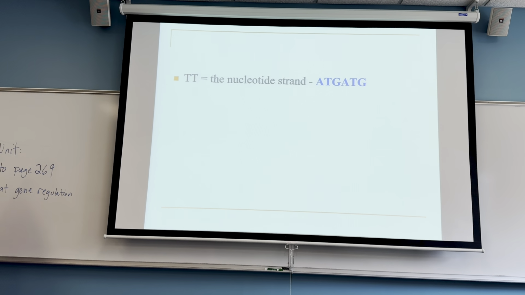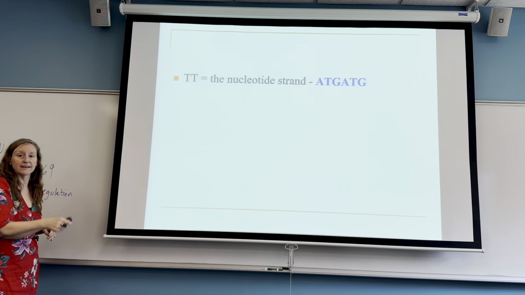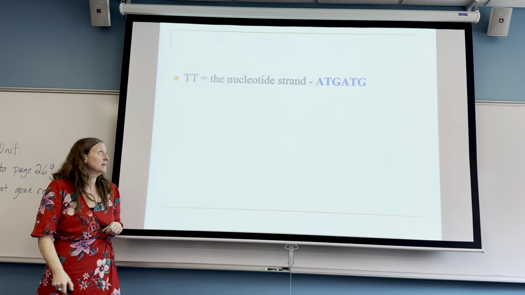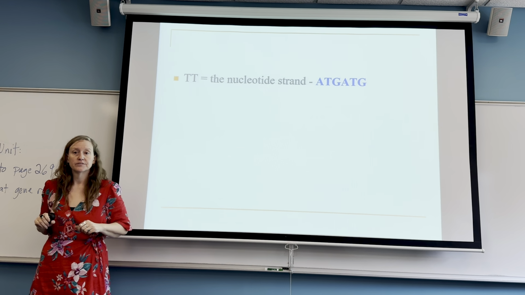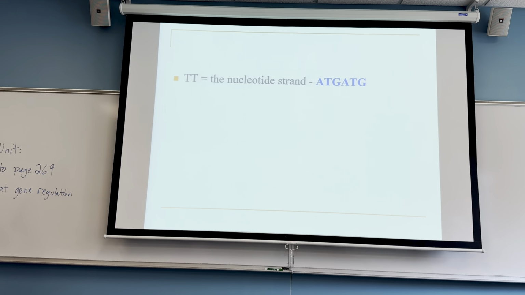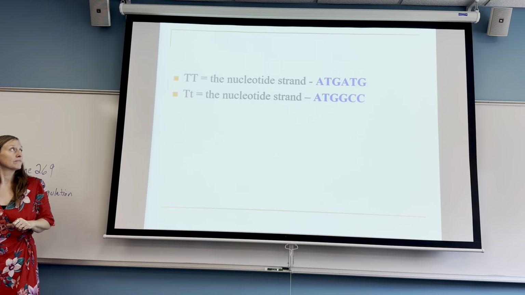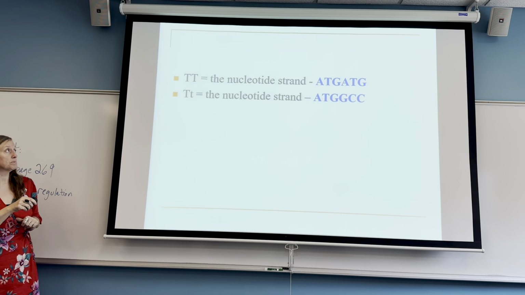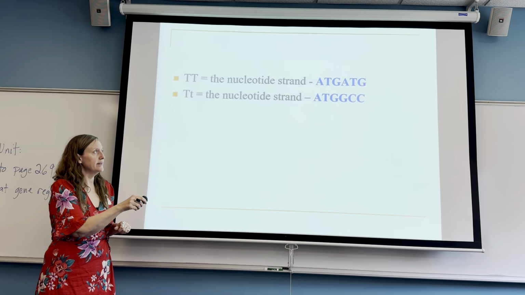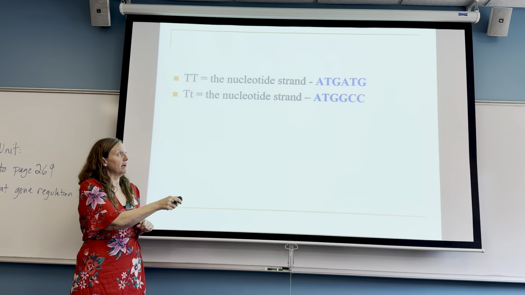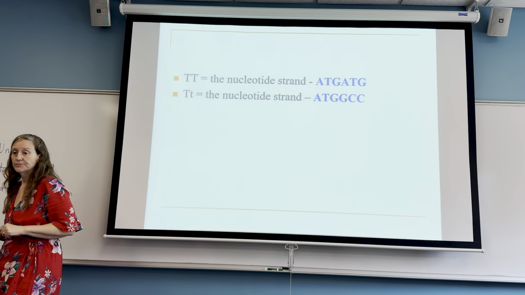So let's say that for someone who's homozygous dominant, capital T, their nucleotide strand at that gene locus is ATG. So we know that ATG codes for capital T, and when you have this strand repeated, it stands for being homozygous dominant. If you are heterozygous, capital T, little t, your nucleotide strand at that gene locus would be an ATG for the capital T, followed by a GCC for the little t.